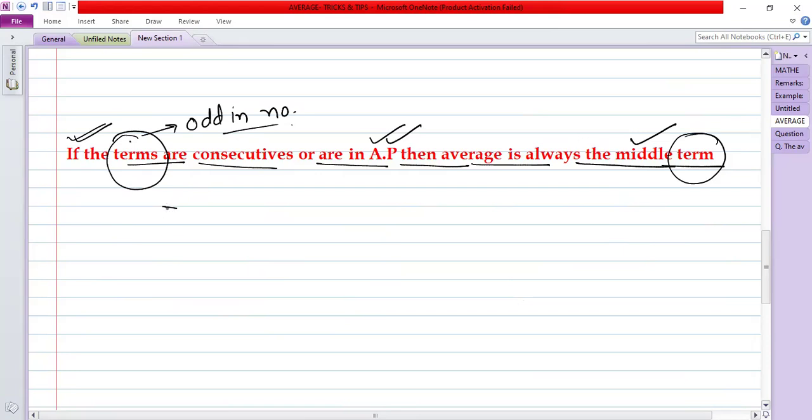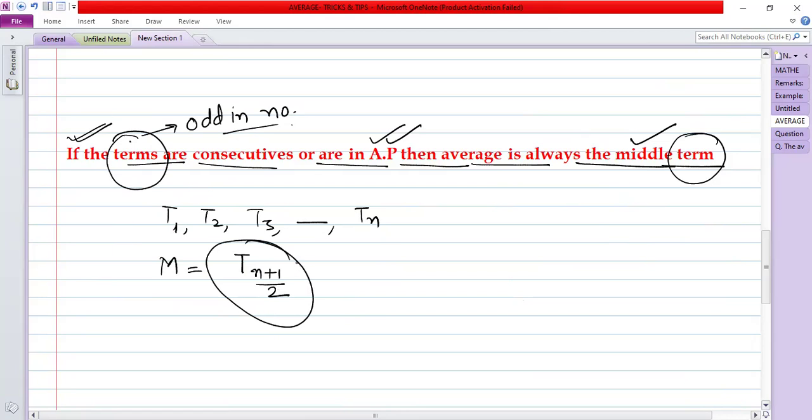Say first term T1, T2, T3, going on up to Tn. Then there will be only one middle term, and that will be nothing but the (n plus 1) by 2th term. This will be the middle term, and this will be nothing but the average. The average of these will be nothing but this term.